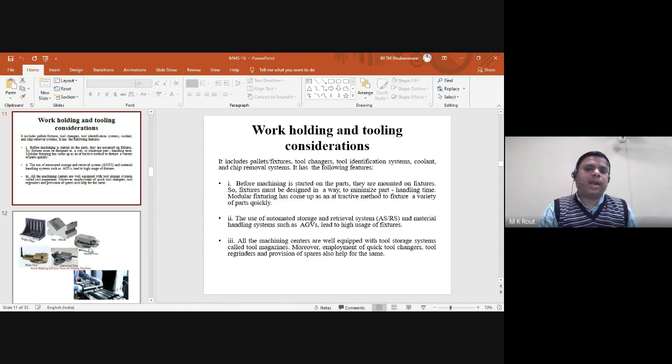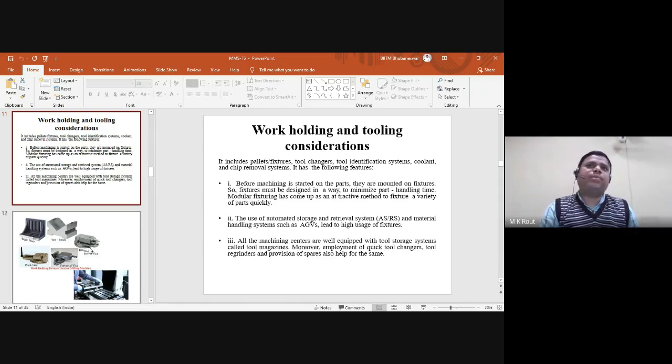So in work handling and tool considerations, the most important thing is that if you directly involve different kinds of fixtures to perform mass production or batch production, your machine should be equipped with tool changers, which consist of tool magazines, then a tool identification system. Why a tool identification system?